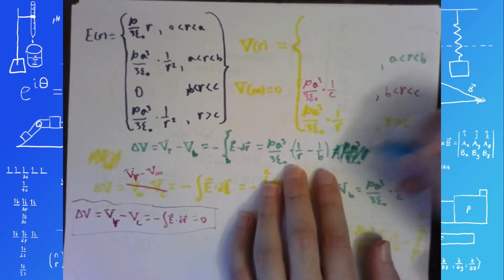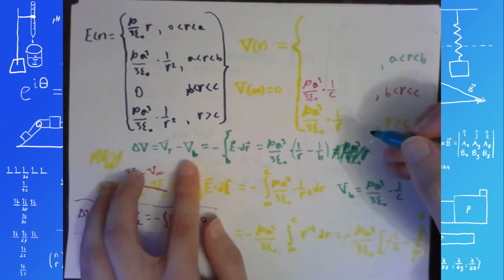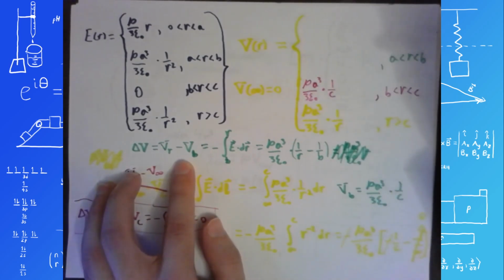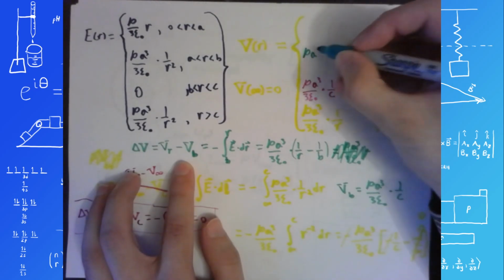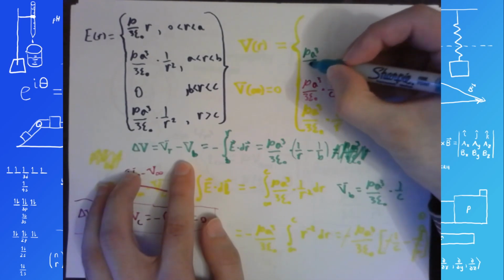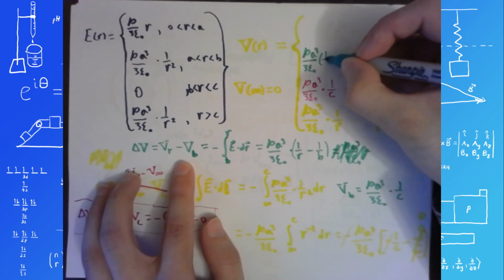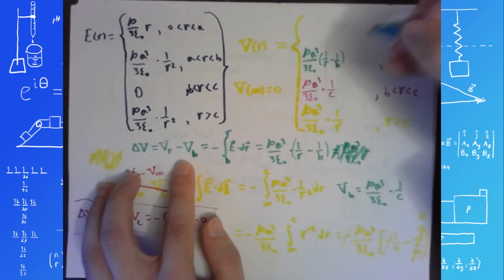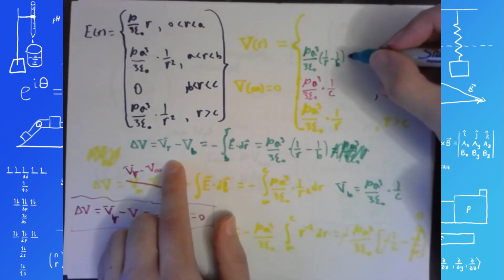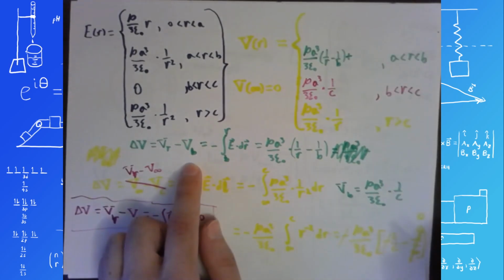So the only other thing I need to do is add VB, and that will give me rho a cubed over 3 epsilon naught times 1 over r minus 1 over b, and then plus, if I add the VB, what is VB?